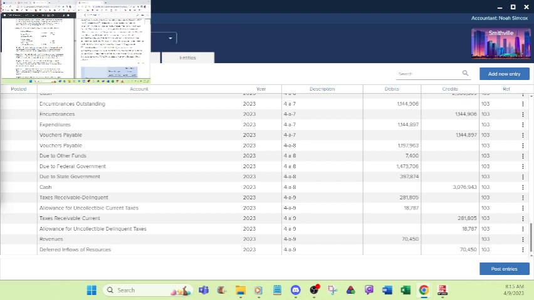Right. So, revenues, increase the revenues for this by 15,000. So for that, they debit the revenue 15,000 to increase it by 15,000 because it's opposite of normal.